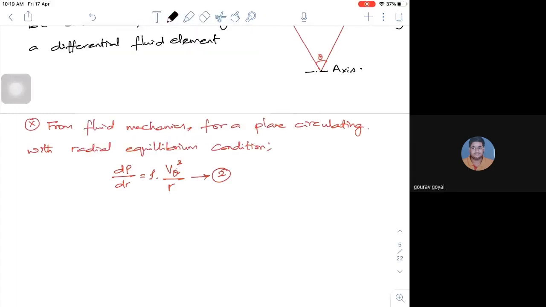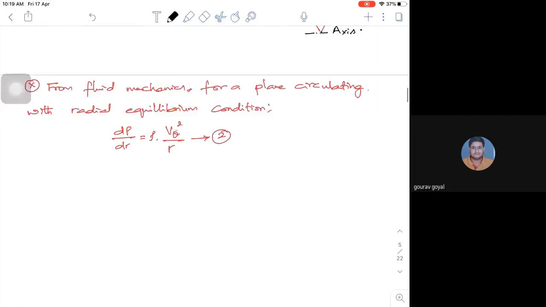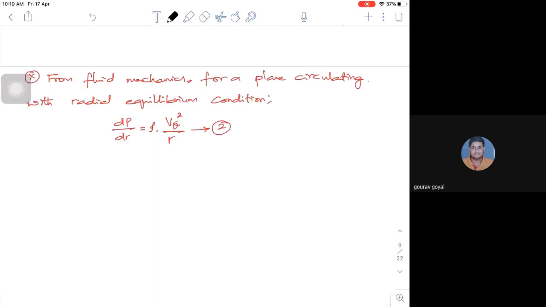Now this expression I will modify to our requirements. Equation 2 can be written as, just a modification, rho I am going to bring down here. So it is dP by dr is equal to V omega square by r. I am just modifying this according to our turbomachine requirement.